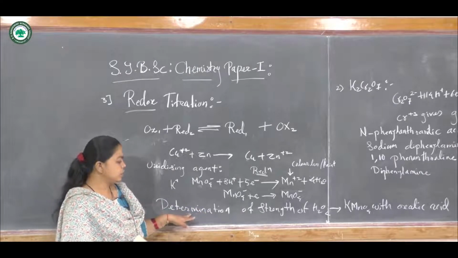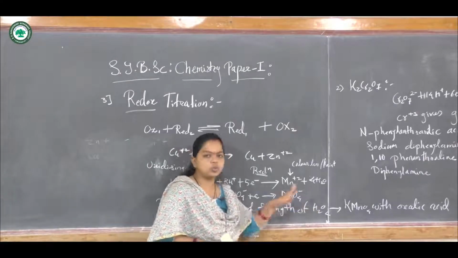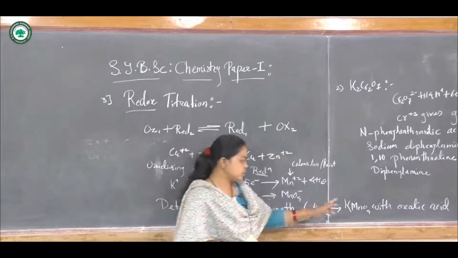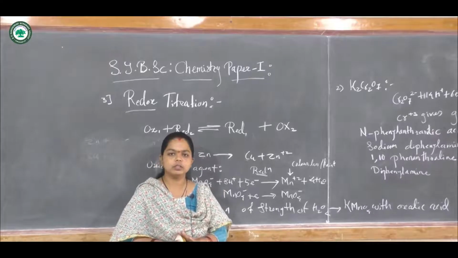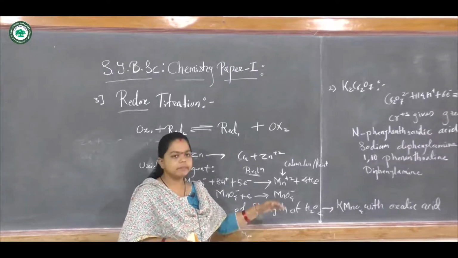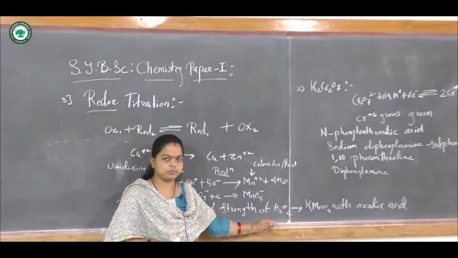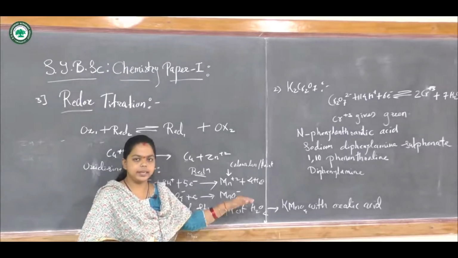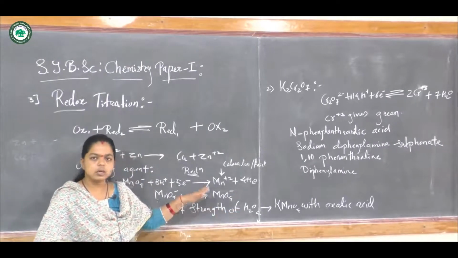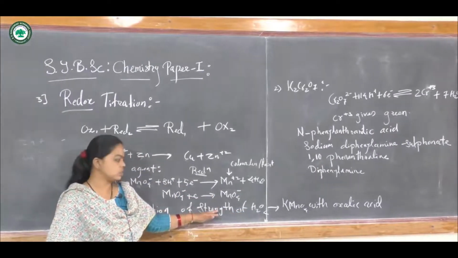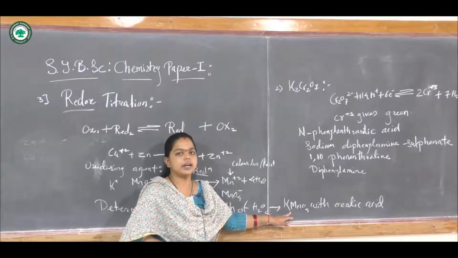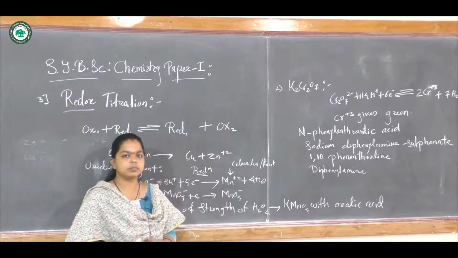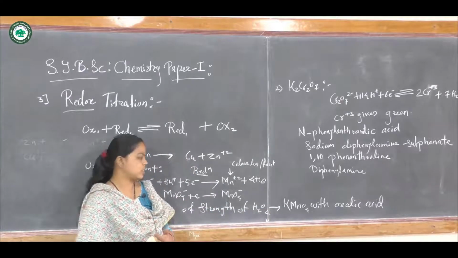So in order to determine the strength of the H2O2, we can use this compound KMnO4. So KMnO4 is titrated with the H2O2 solution. So the KMnO4 solution whose exact concentration is known, which is a standardized one, standardization or standard compound means whose concentration is exactly known.